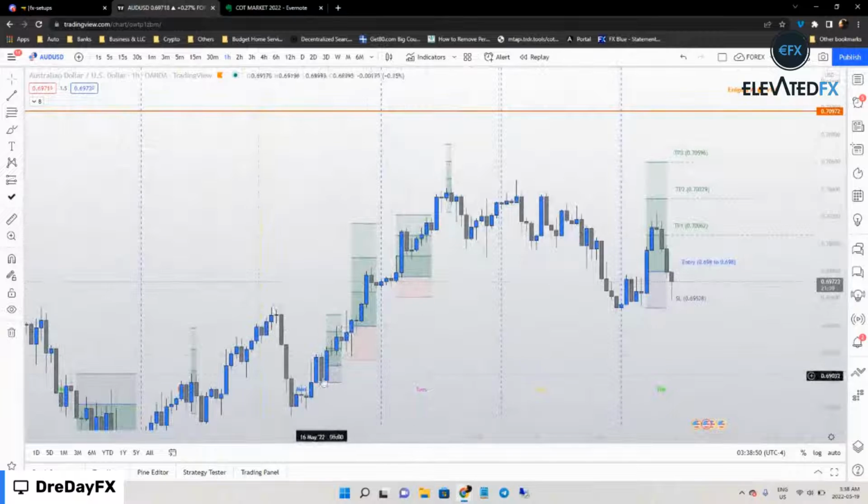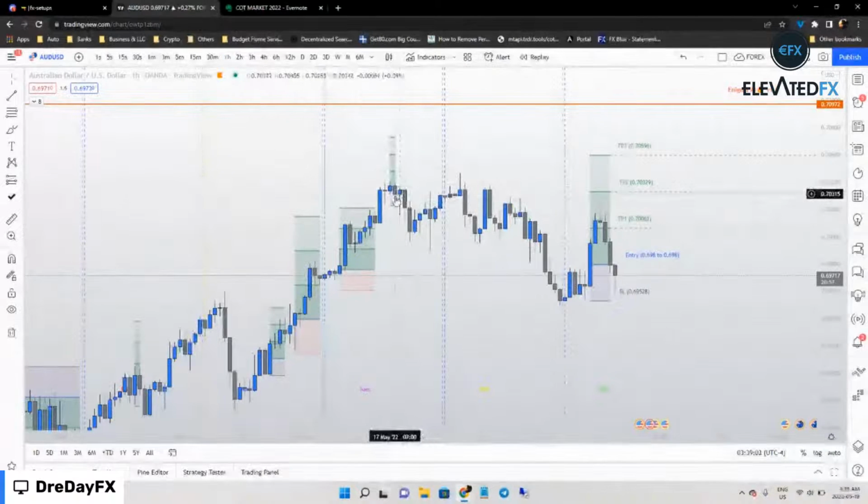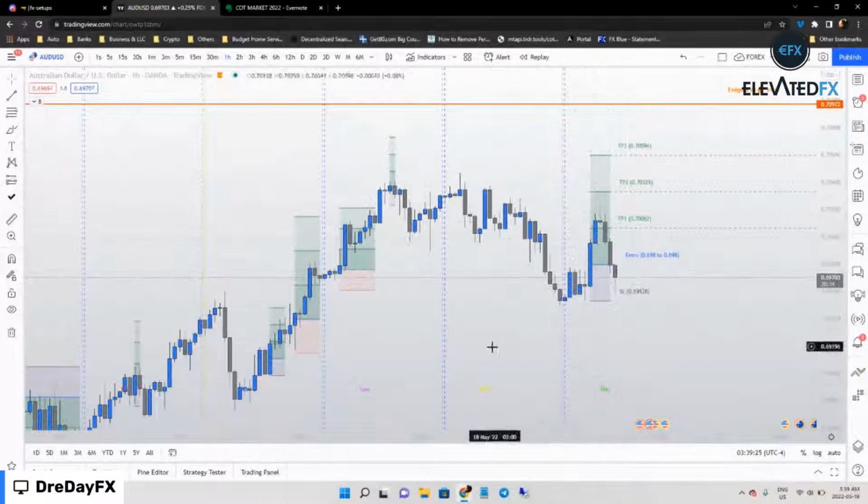So overall, in 1, 2, 3, 4, 5 setups, you had 3 setups that went to TP3, 1 that hit your stop loss, and you have another one that hit your TP1. And now we're going to see exactly how it goes. It didn't hit the stop loss yet, but based on my personal trade, I would have been out of the market already if I took that trade.